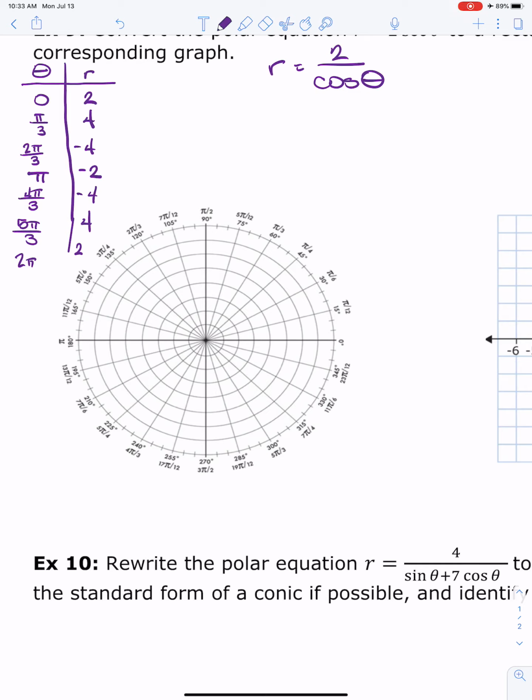So let's see if I can plot these points. So when I've got 0 degrees, I am at R equals 2. At pi over 3, I am at 1, 2, 3, 4.